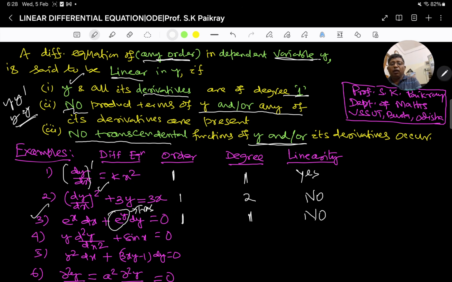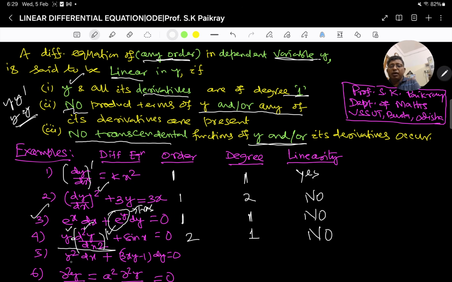Now example 4, y d square y by dx square. Here the order is 2 and the degree is 1, but it is not linear because we have a product of y into this derivative term.